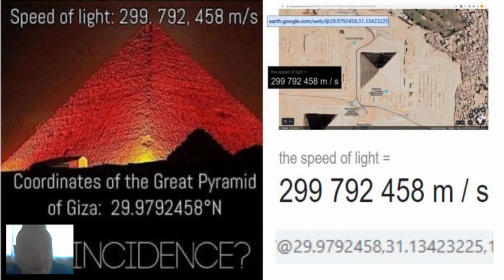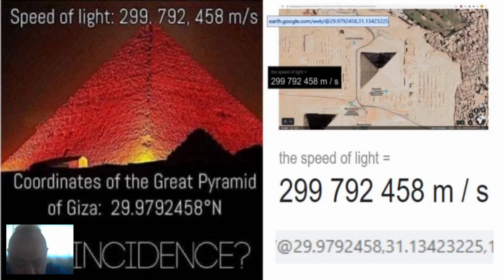But it's on the speed of light, and that they don't deny. They don't say it directly, though. Go to their website and click on where they put it, and the map will open. It'll be right there on the speed of light. So, and I'm saying in meters per second, and down below you have a digital according to latitude of the pyramid, 29.97.